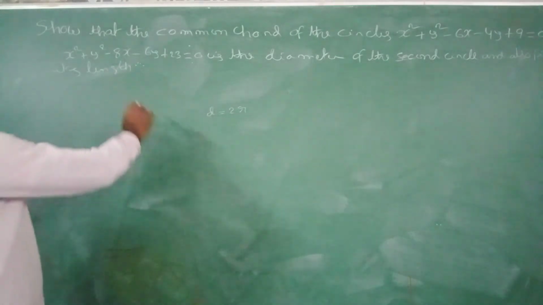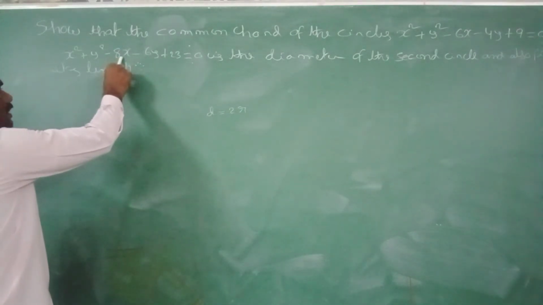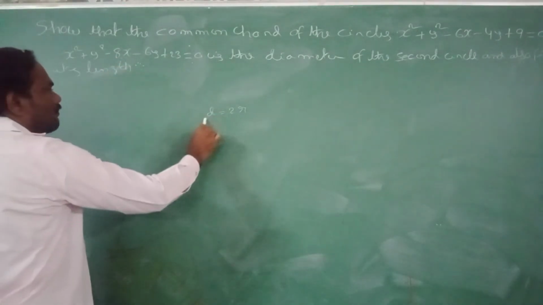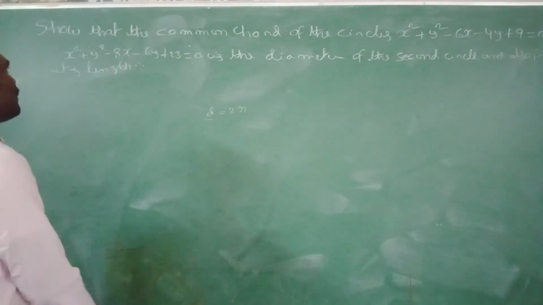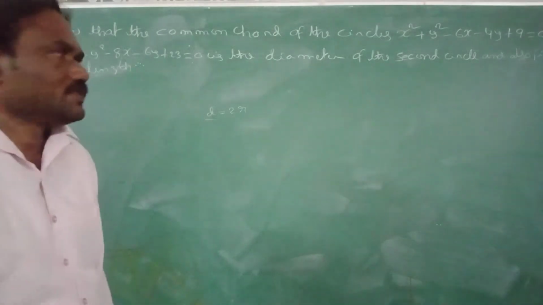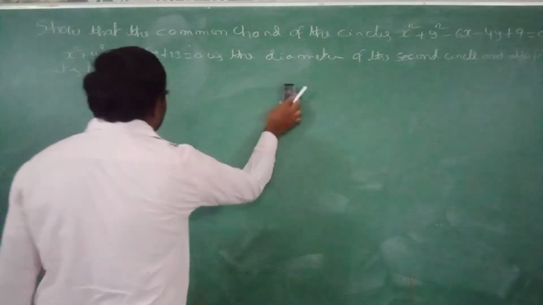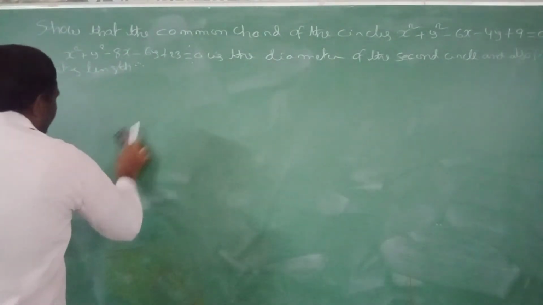So we find out the radius of the second circle, multiply with 2, then we get the length of the common chord. So first we find out the common chord of the given circles.